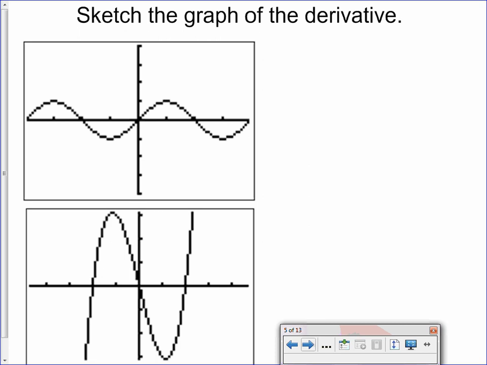Max and mins, right? Wherever the slope is 0, the y coordinate on the graph of the derivative is 0. We're graphing the slopes. So we graph the points anywhere the slope was 0. Those were going to be x-intercepts on the graph of the derivative.